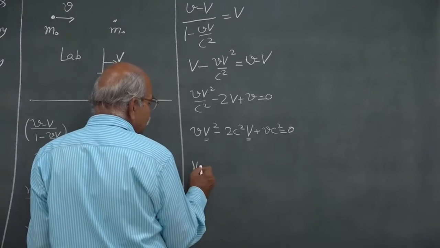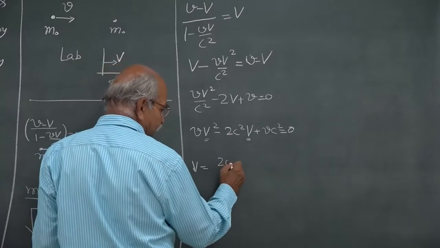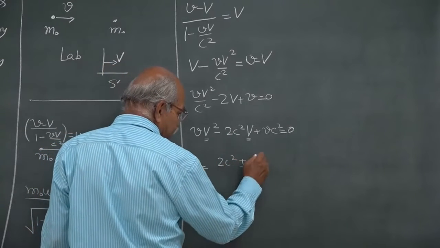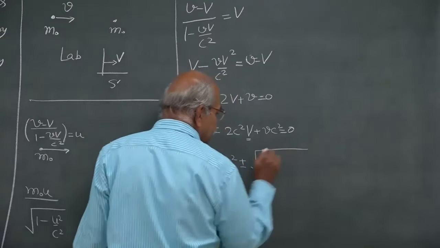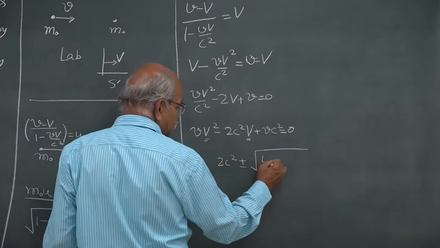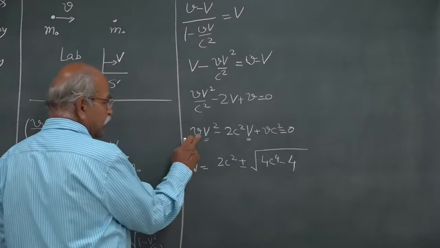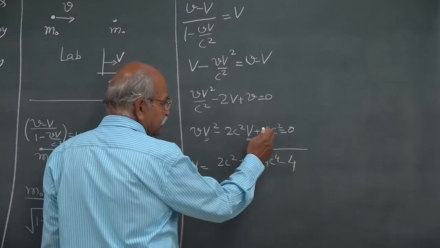So, capital V is equal to minus b, that is 2c square, plus and minus the square root of b square minus 4ac. b square is 4 times c4 and minus 4 times a into c. A is small v and c is vc square.